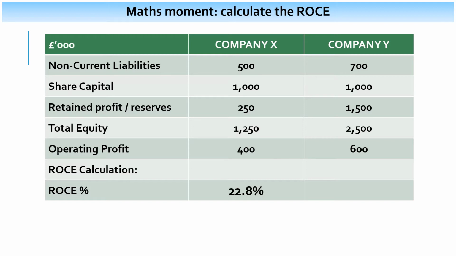Well, the return on capital for company X is 22.8%, and we did that by taking the operating profit and dividing by the equity plus the non-current liabilities. For company Y, it's 18.7%, and we did the same formula. So on this basis, we would say that company X is using the capital employed within the business more effectively to generate profit than company Y.